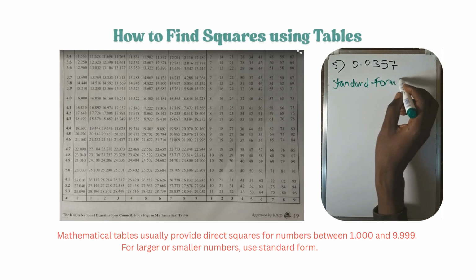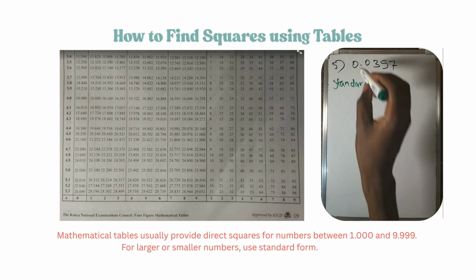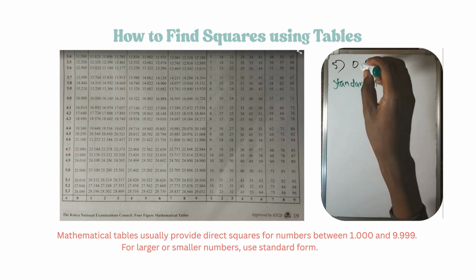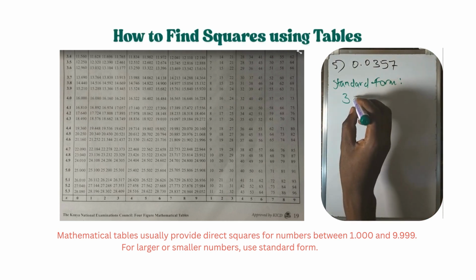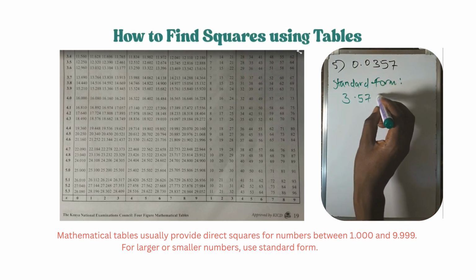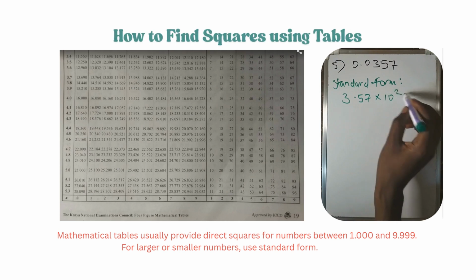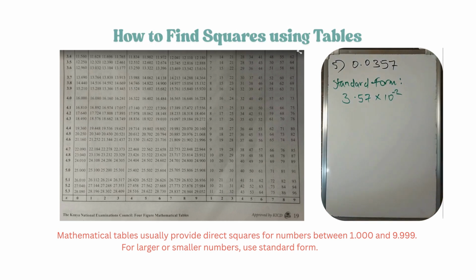We move the decimal 1, 2 places to the right, so 3.57 times 10 raised to negative 2, because it's less than 1.